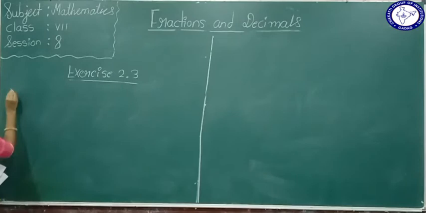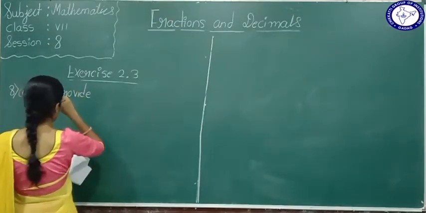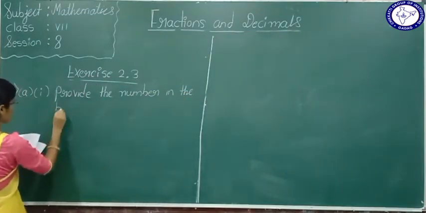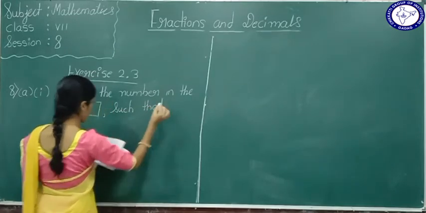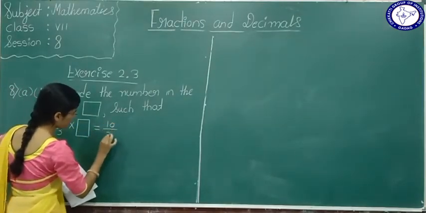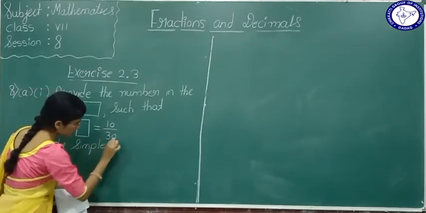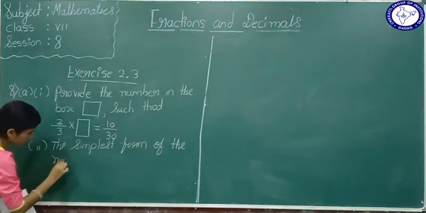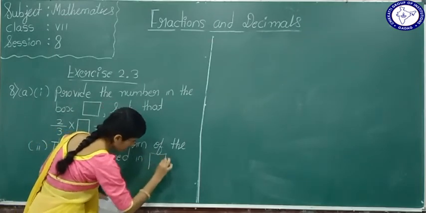Say the 8th one. First one: provide the number in the box, we have to write the number here such that 2/3 multiplied by this box is equal to 10/30. The second question I have asked: what is the simplest form of the number obtained in this box?